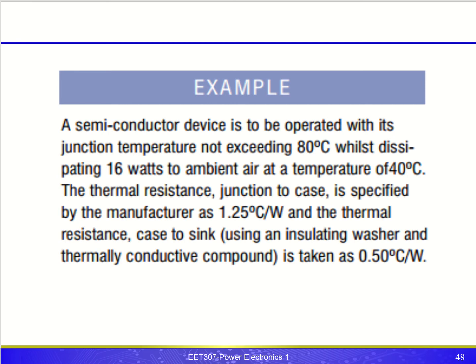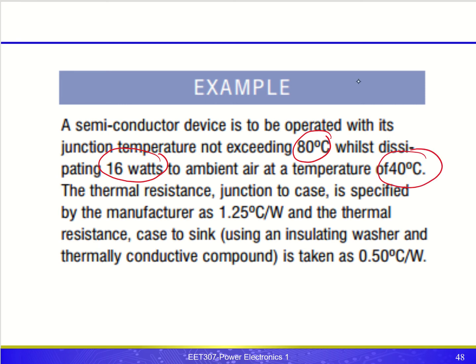So a semiconductor device is to be operated with its junction temperature not exceeding 80 degrees Celsius, dissipating 16 watts to the ambient air at a temperature of 60 degrees.